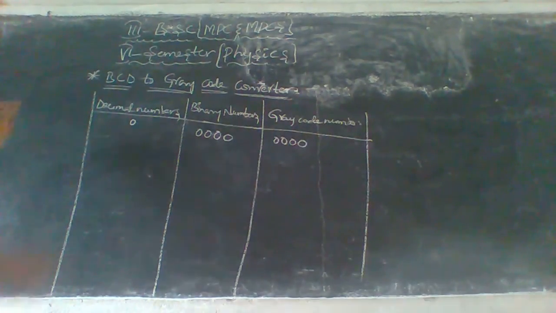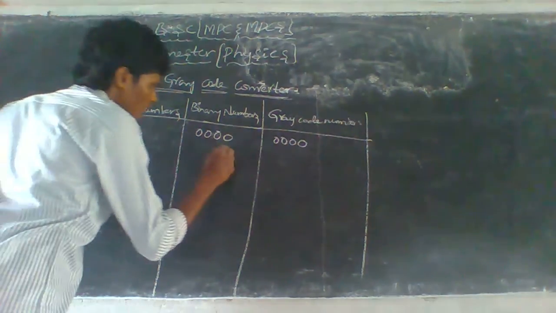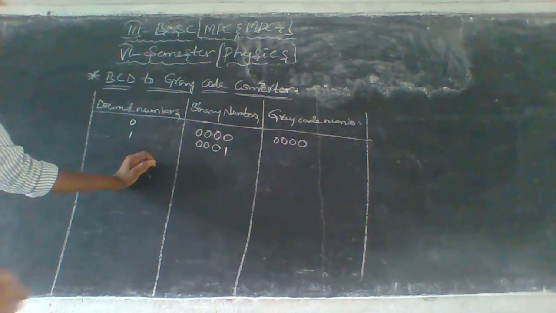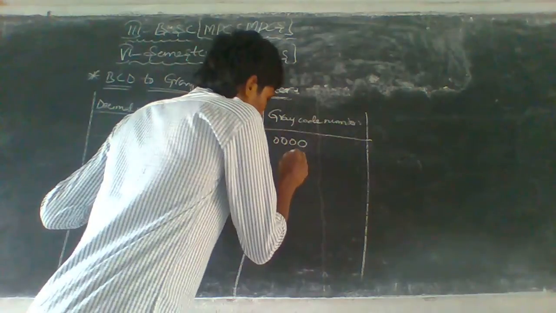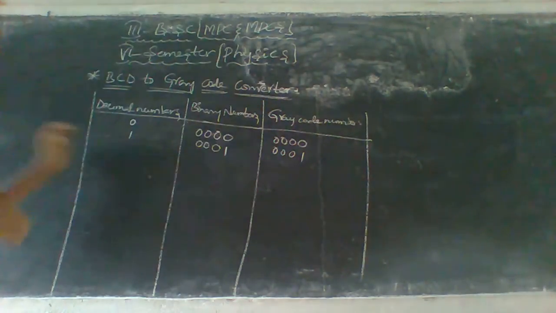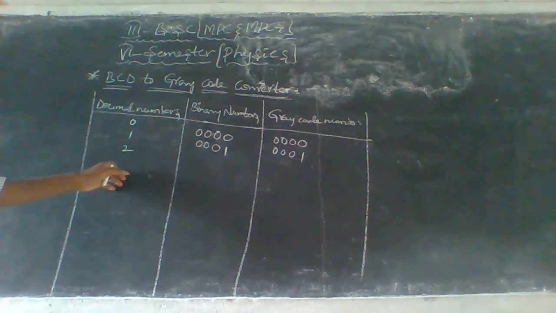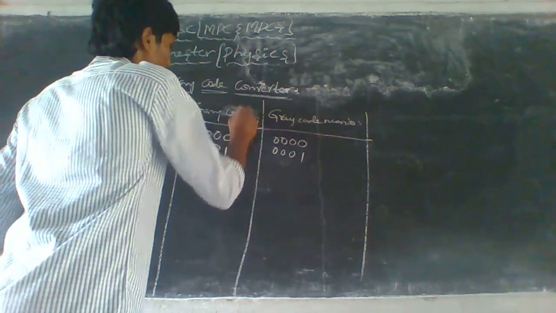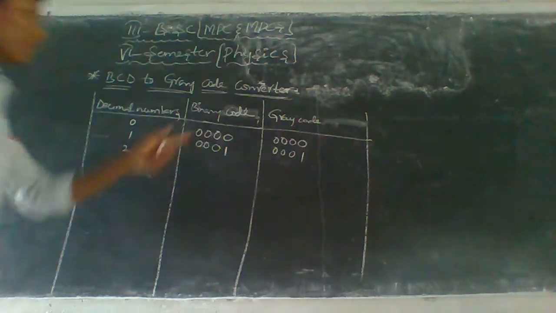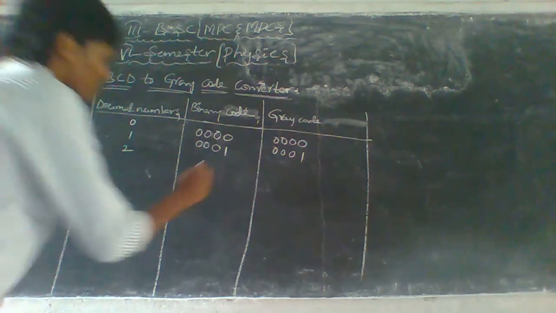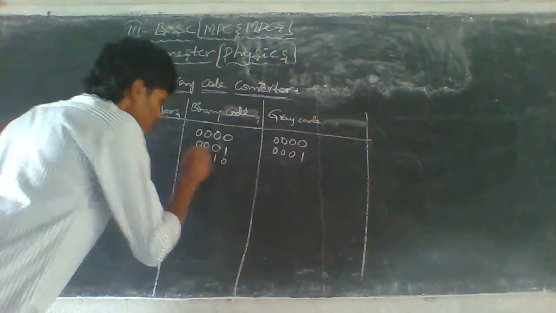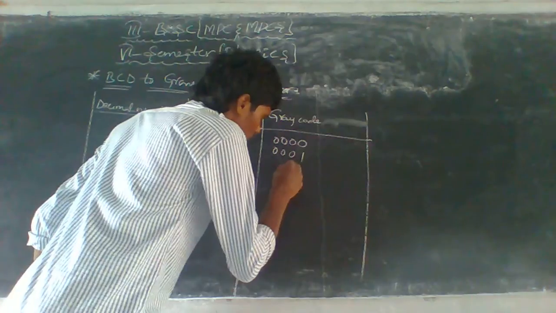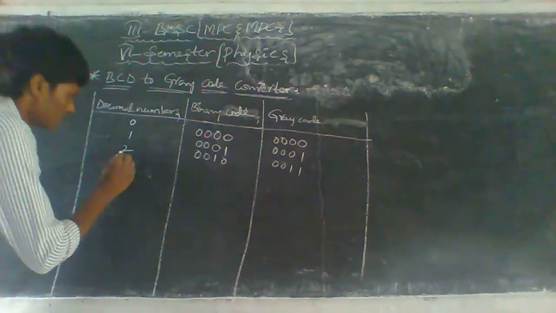Decimal number 1, the binary number is 1000 and the Gray code is also 1000. Decimal number 2, the binary code is 0100 and the Gray code is 1100.